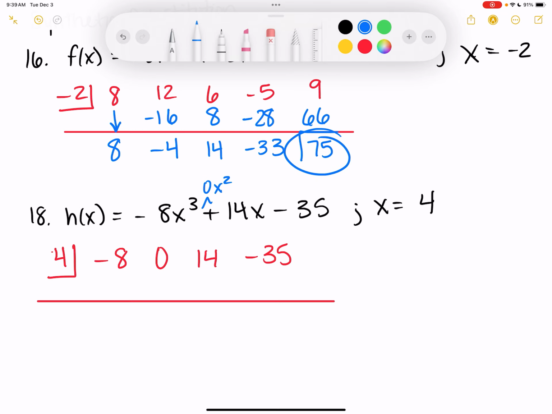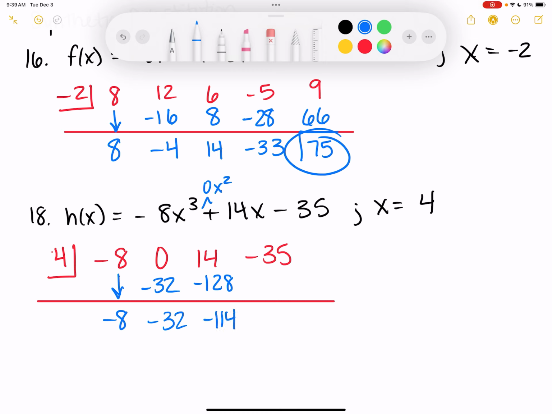Everybody here? Okay. So bring down the negative 8. Negative 8 times 4 is negative 32. Plus 0 is negative 32. Times 4, negative 128. Plus 14 is negative 114.